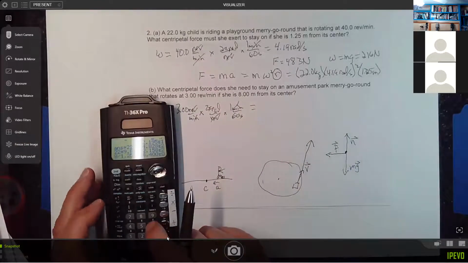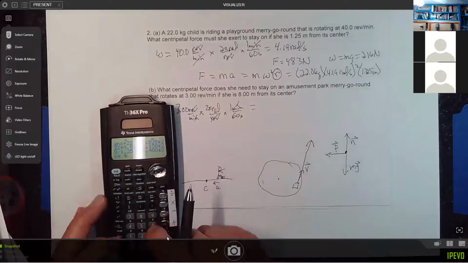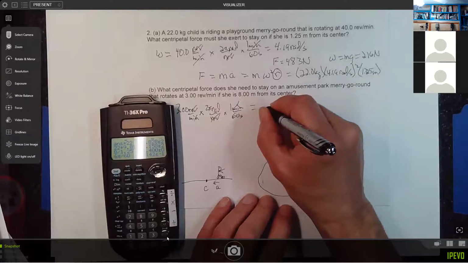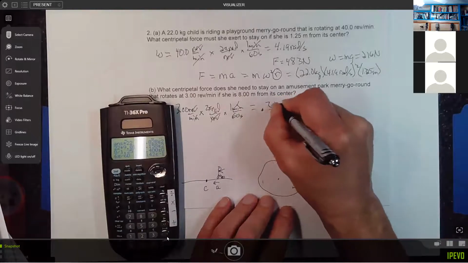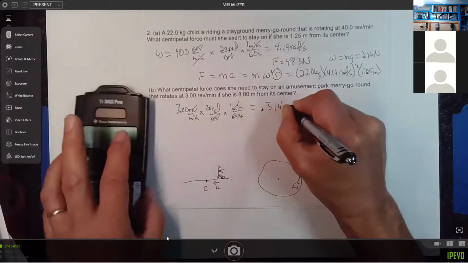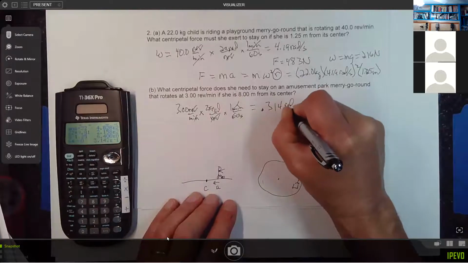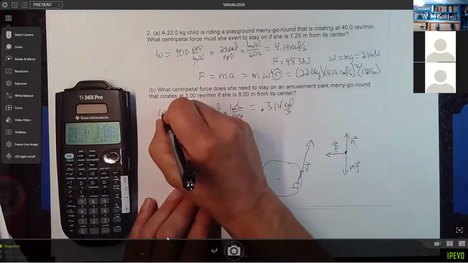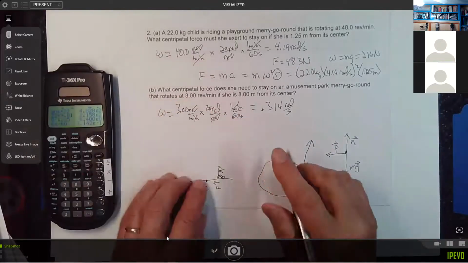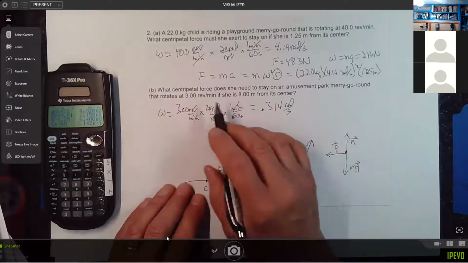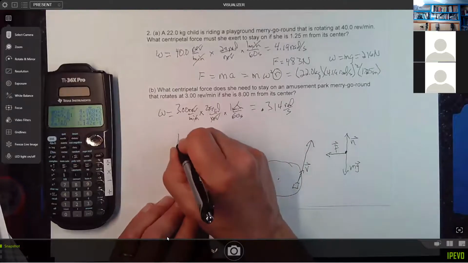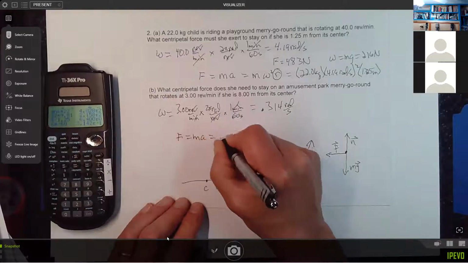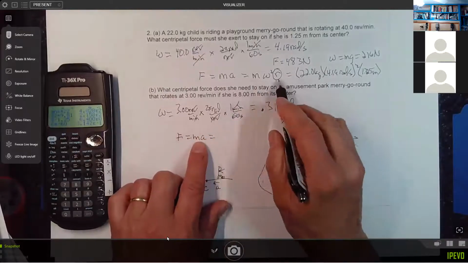And imagine that. It's 0.314 radians per second. That's omega for her in this case. And then the centripetal force that she experiences is going to equal ma again, but the acceleration is omega squared r again.